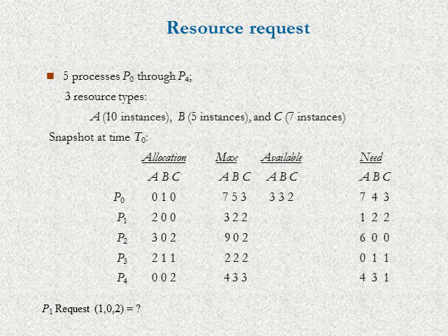So you have to compute the new availability of resources, and then you have to find whether the system is still in the safe state. If the system is in the safe state, you can print out the sequence of processes that can complete their execution within the available resources.